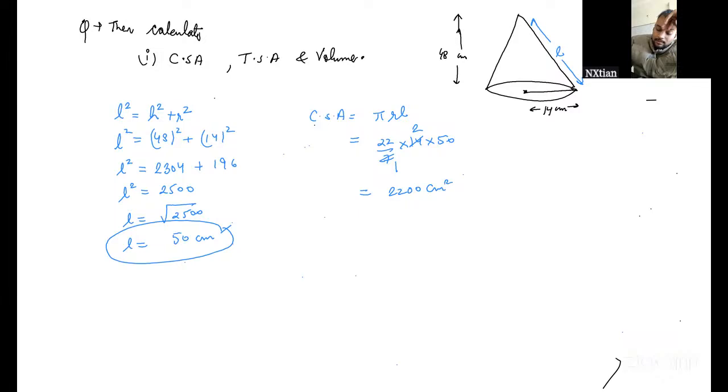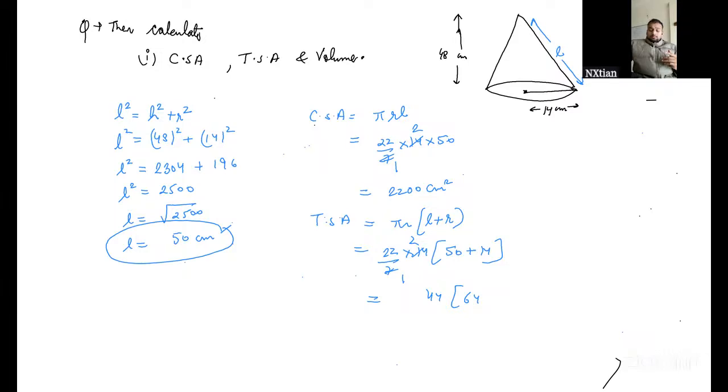And for the TSA, it's basically pi r into L plus r. So pi is 22 by 7, r is 14, and L is 50, and r is 14. 7 ones are 7, 7 twos are 14, so it becomes 44 into 64. When you multiply it, you will get the value. Did you understand? Yes or no?